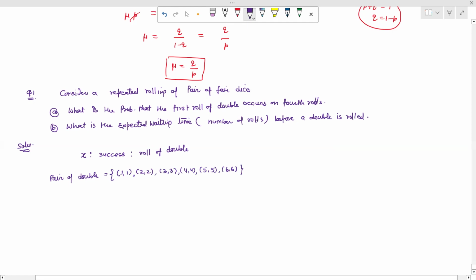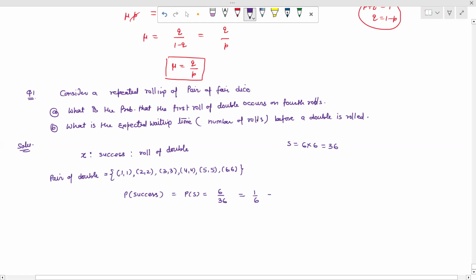So now the probability of success. We write the probability of success as PS. PS is equal to 6 by 36, because the sample space is 6 into 6 equal to 36, and our event has 6 elements. So 6 by 36, so the probability of success is 1/6.